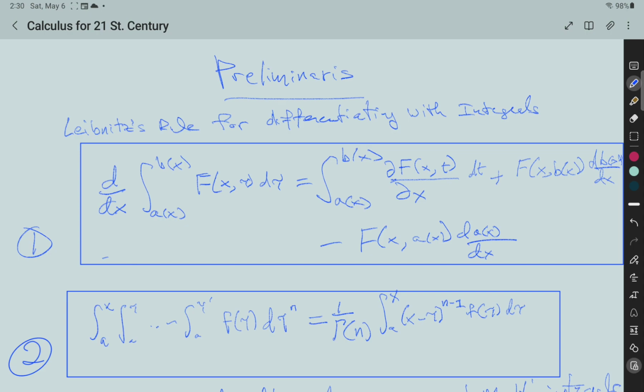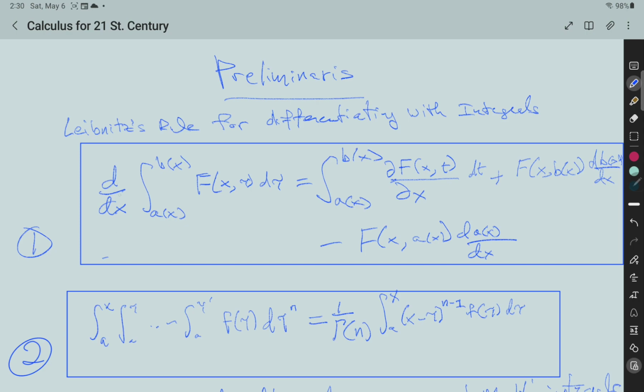I want to start with equation number one that I have written down here. That is called the Leibniz rule for differentiating underneath the integral sign. Let's take a look at the left-hand side of equation one.